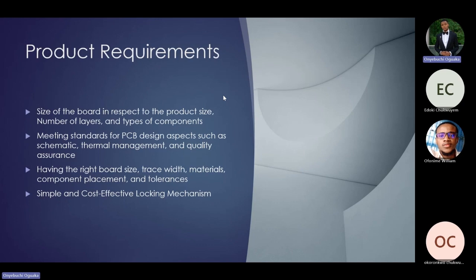These requirements can include the size of the board in respect to the product size, number of layers, and types of components. I believe you must have been taught about printed circuit boards and the layers in which they come, but I'd like to throw a little more light on that.